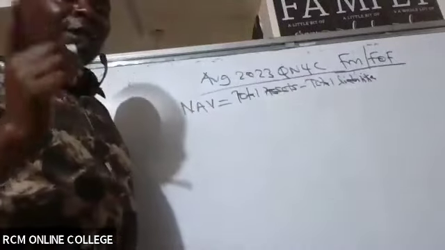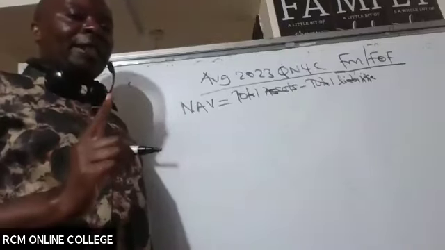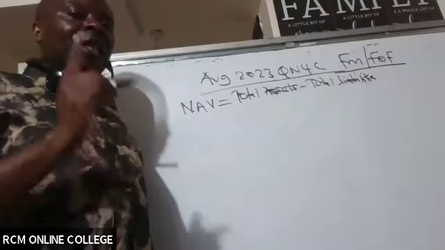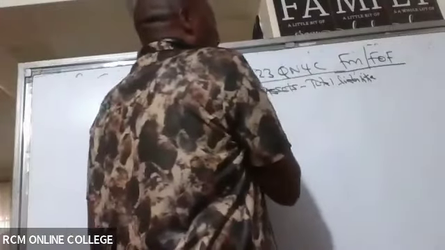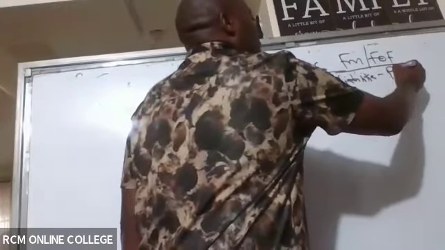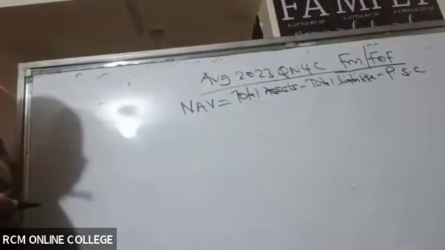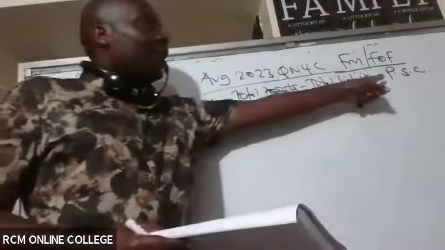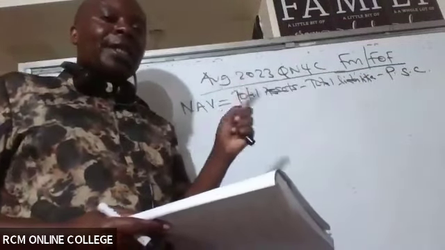And remember, preference share capital is a form of what here? A liability. Don't forget that preference share capital is a liability. You can even say it is total assets minus total liabilities minus any preference share capital provided in the balance sheet. So please write this in full, preference share capital. Because remember, preference share capital is not equity.